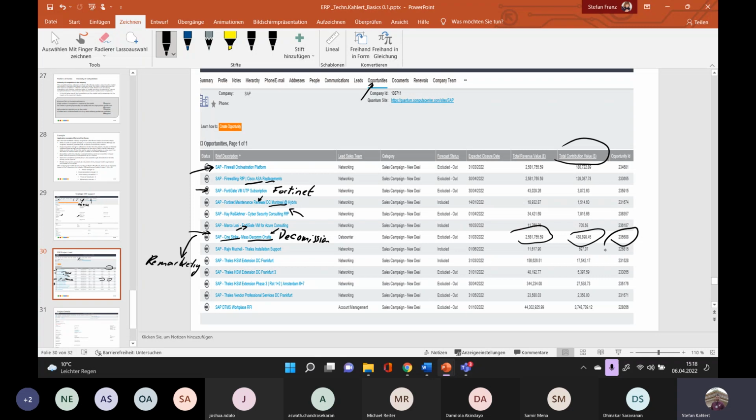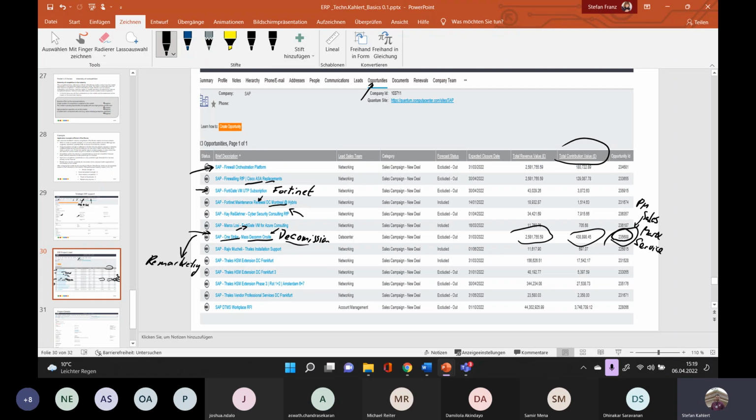And what is the opportunity ID? The opportunity ID is important because everyone from project management, sales, marketing, service can access this project now under this number here to get all the information: where is this hardware that needs to be decommissioned, at which site, who's the contact person, what's the project plan, who's in the team who manage the decommission project.